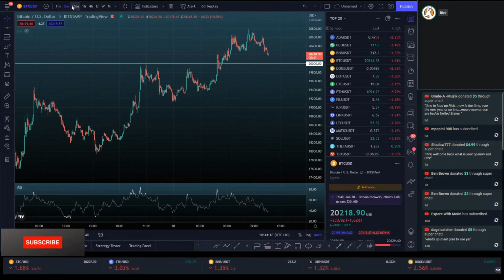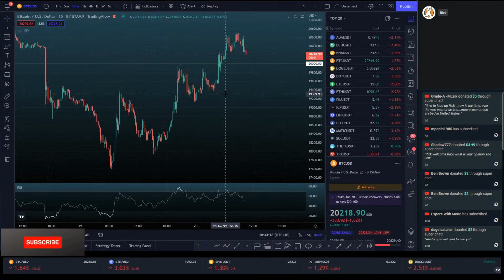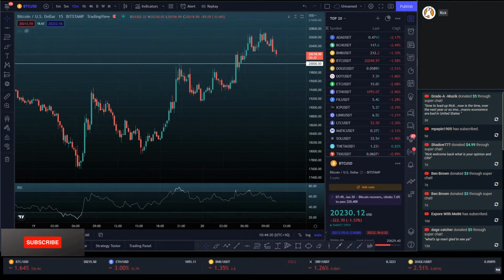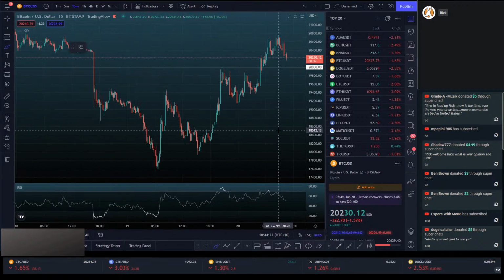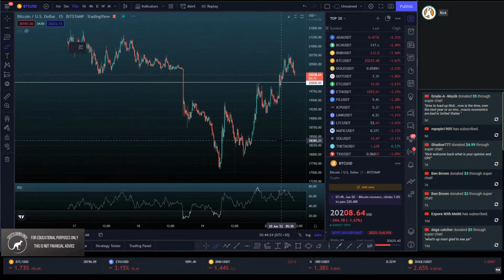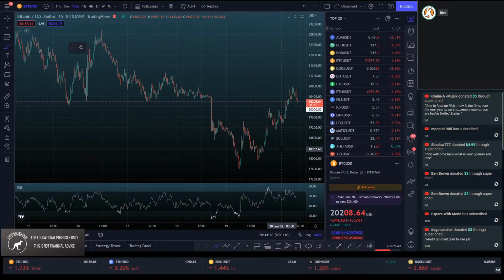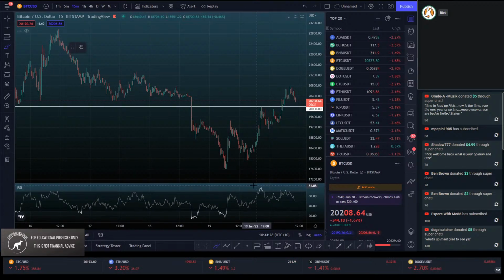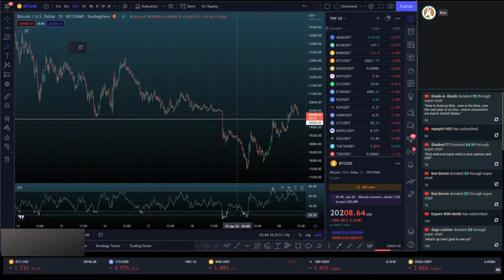Get a bit of perspective with the 15-minute. But this is all very hard to forecast, like where it's going to find support, how it's going to behave. You just have to use your indicators.